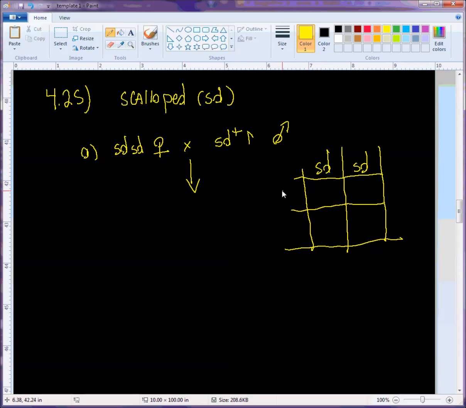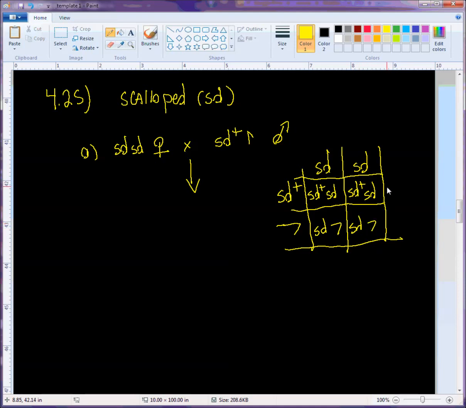So female gametes up top, and I changed my symbol for the Y chromosome down here. So the male gametes right here. So let's see, SD plus, SD, SD plus, SD. Here we have SD and a Y chromosome, and SD and a Y chromosome.